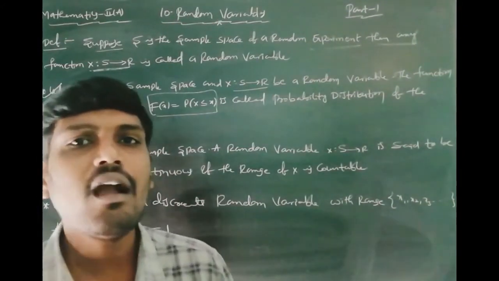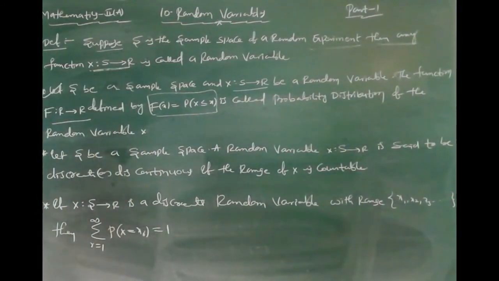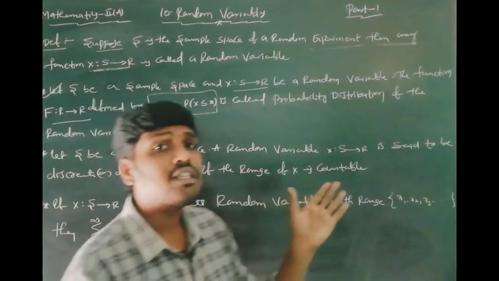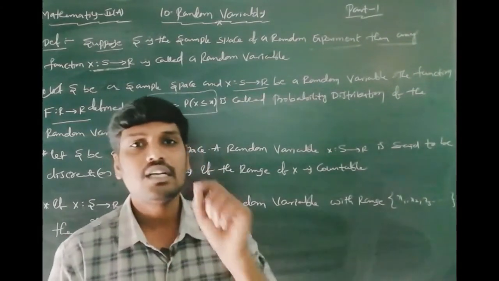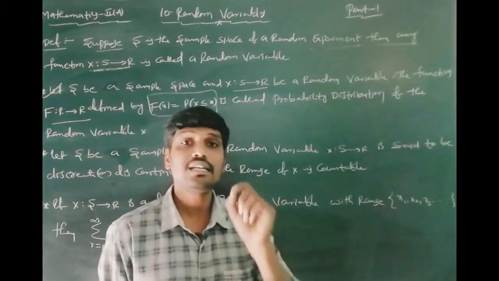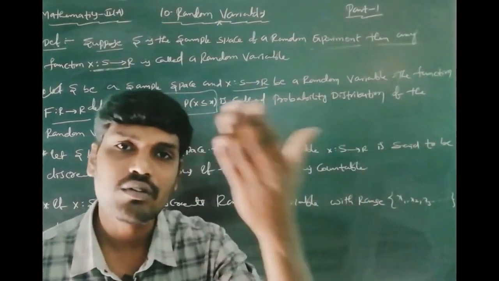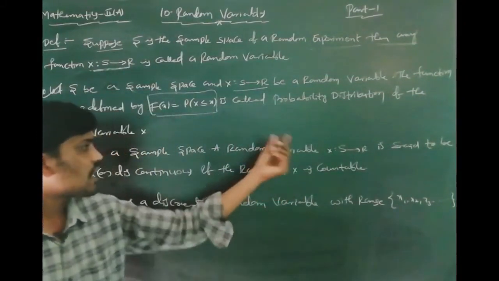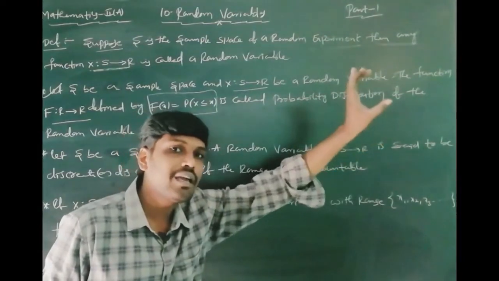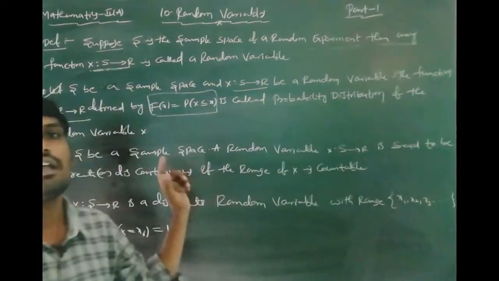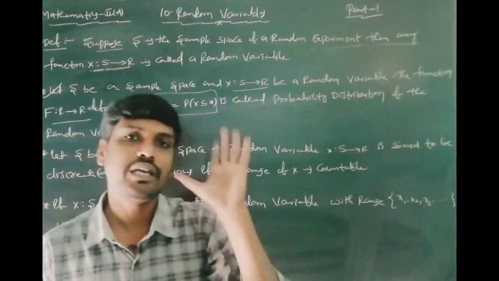What is the meaning of countable? Countable means not infinite, just a finite set. That set is a finite set, that is countable. Here the range of capital X is countable. That random variable is called a discrete or discontinuous function.